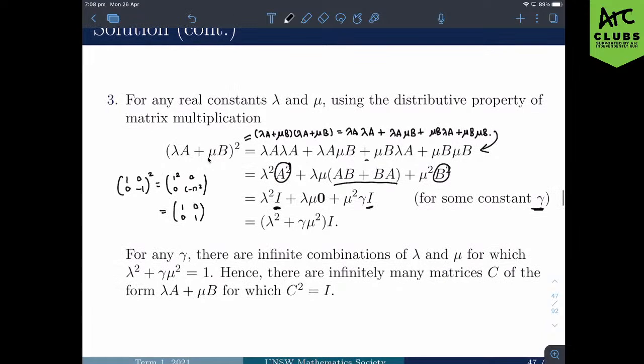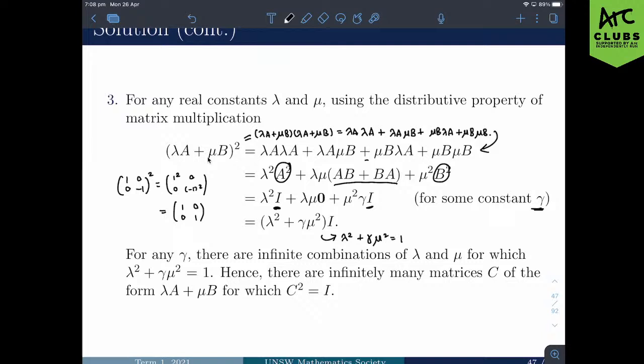And so we see that lambda squared plus gamma times mu squared times the identity matrix is equal to this expression here. For this to be the identity matrix, we want lambda squared plus gamma times mu squared to equal 1.